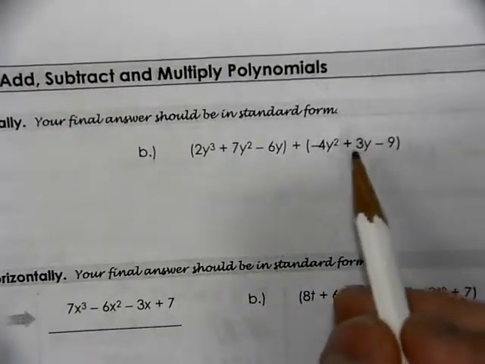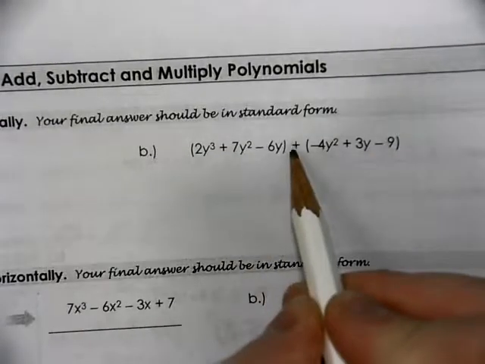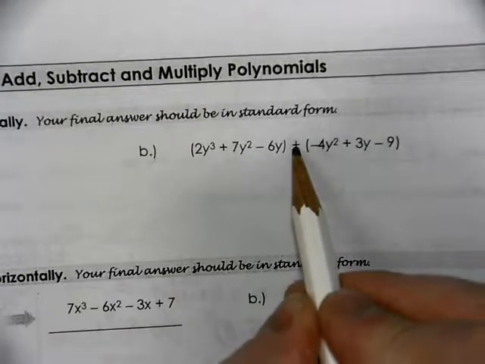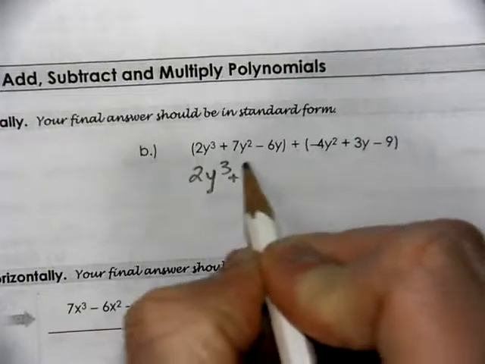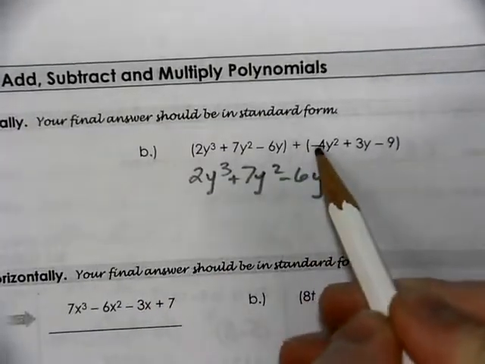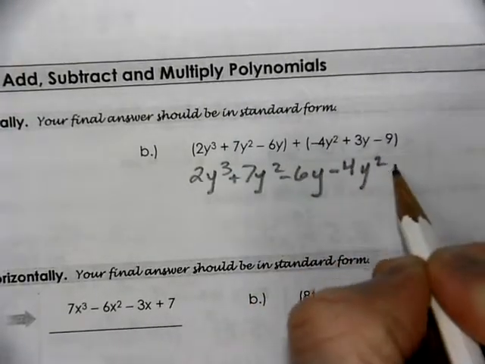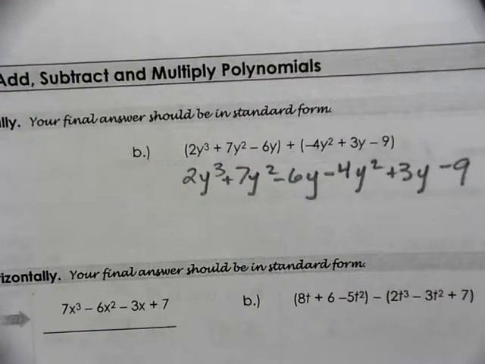In this horizontal fashion is where you're going to see it a little bit more often. When you're adding two polynomials together, there's really no need for the parentheses. The plus a negative just gives you a -4y squared. You still have the 3y and the -9.